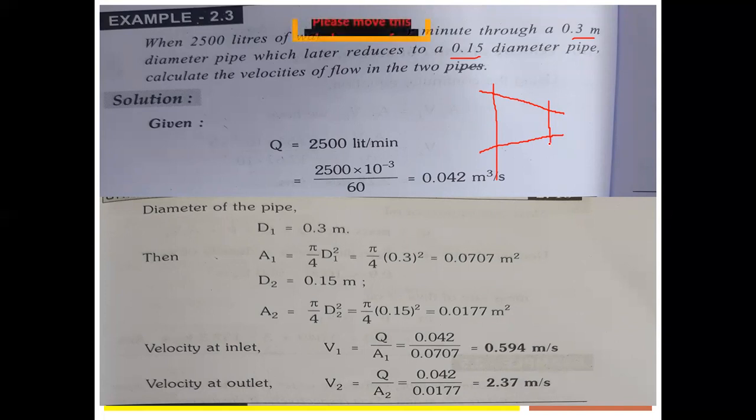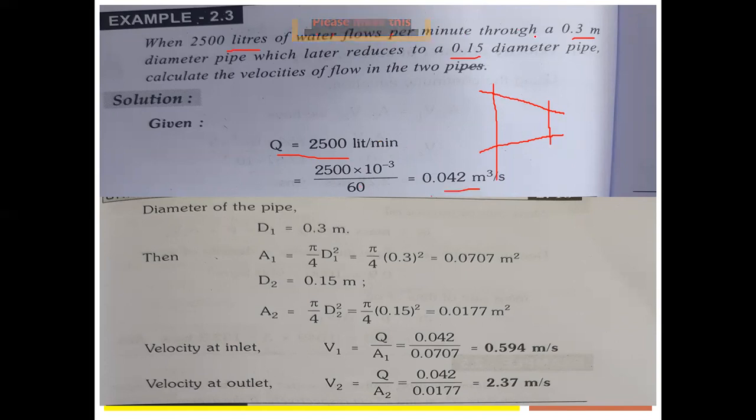What is the discharge here? The discharge is 2,500 liters per minute, that is equal to 2,500 into 10 to the power of minus 3 by 60, which equals 0.0417 meter cube per second.